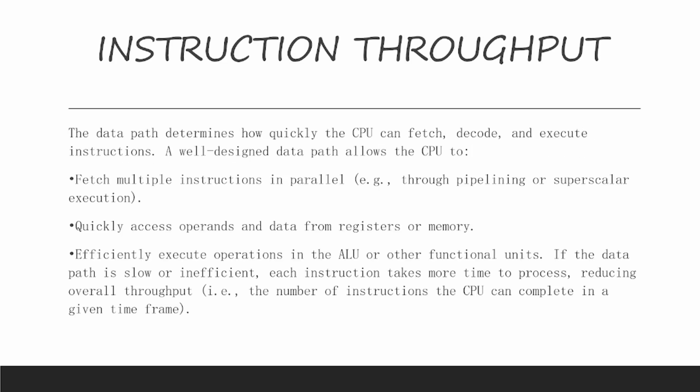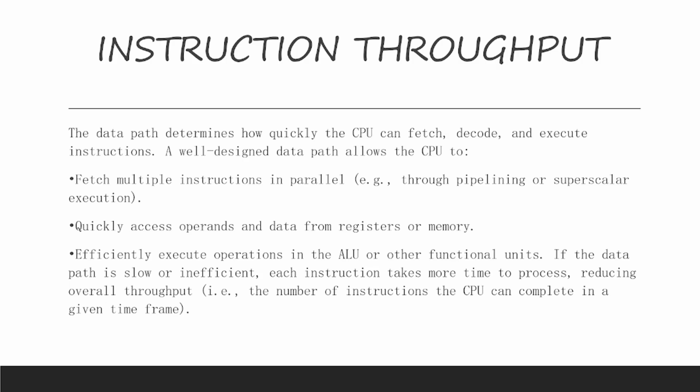Instruction throughput. The data path determines how quickly the CPU can fetch, decode, and execute instructions. A well-designed data path allows the CPU to first fetch multiple instructions in parallel, for example through pipelining or superscalar execution. Secondly, quickly access operands and data from registers and memory.